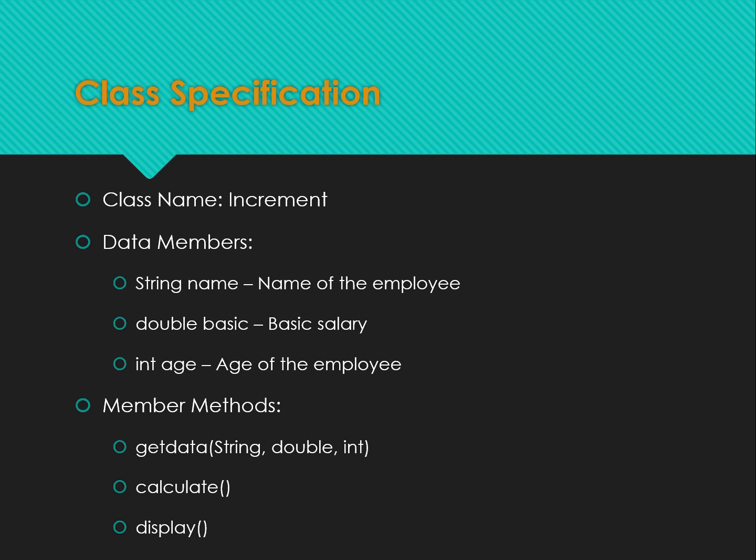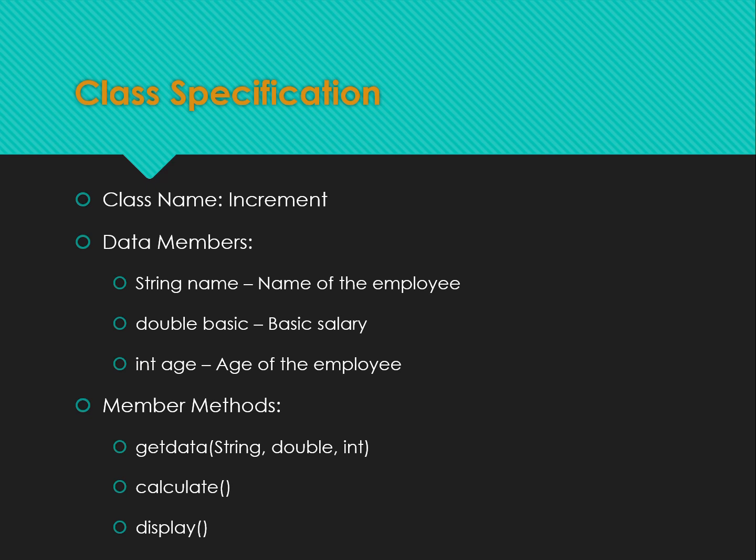To implement this program, we'll create a class named Increment. This class will contain three data members or instance variables: name to store the employee's name, basic to store their basic salary, and age to store the employee's age. The class will also include three methods. The first method, getData, will accept the employee's name, basic salary, and age as input.